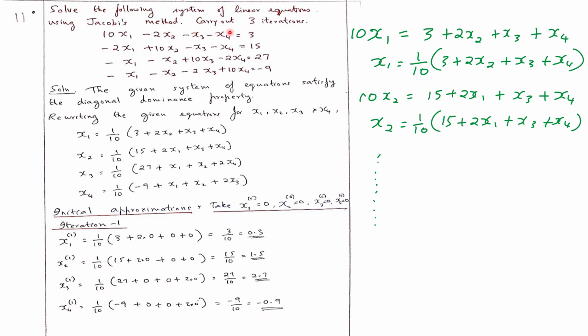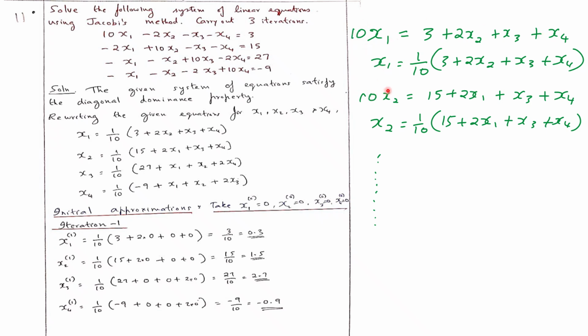When I shift them to the other side, the sign changes: wherever there is minus, it becomes plus. So minus 2x2 becomes plus 2x2, minus x3 becomes plus x3, and minus x4 becomes plus x4. Okay, this is the equation for 10x1.